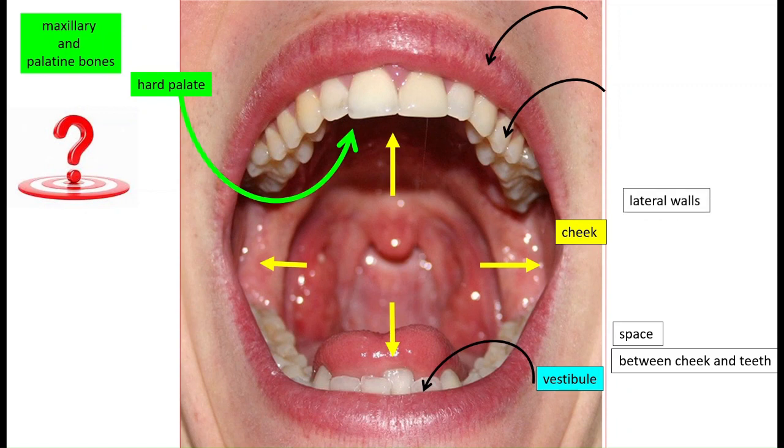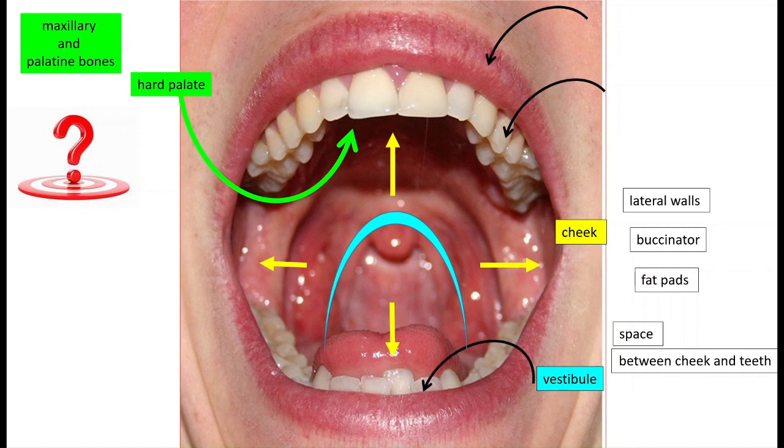What makes the cheek? The cheek is made of a muscle called the buccinator, and usually there is a pad of fat.